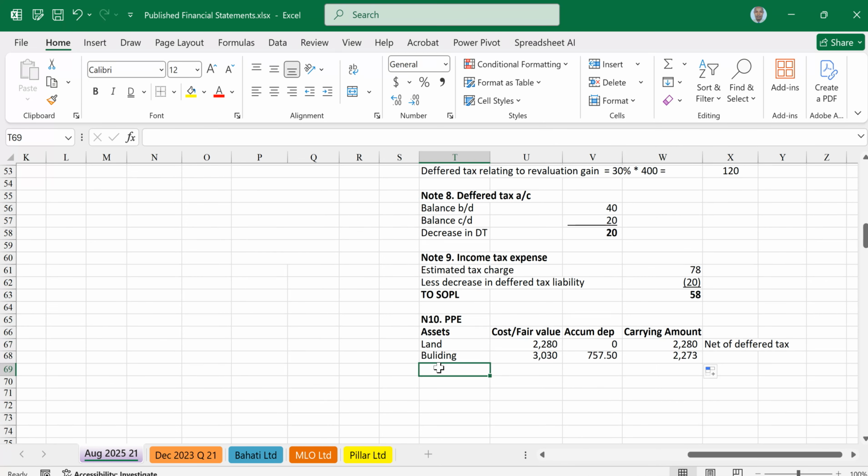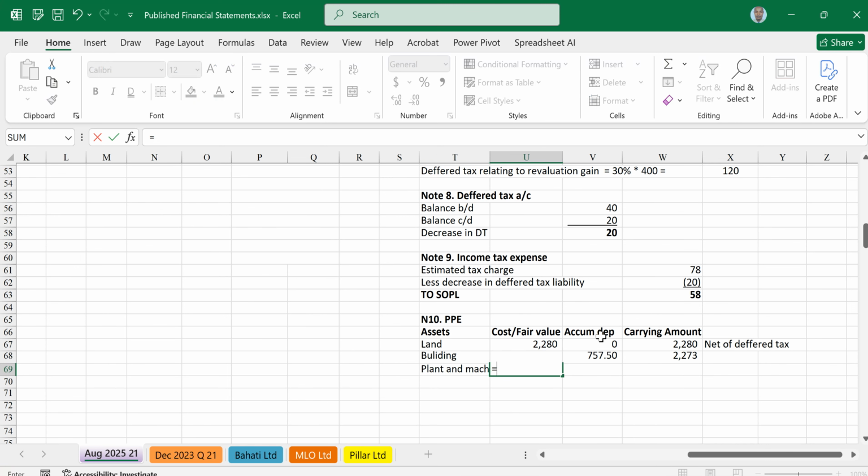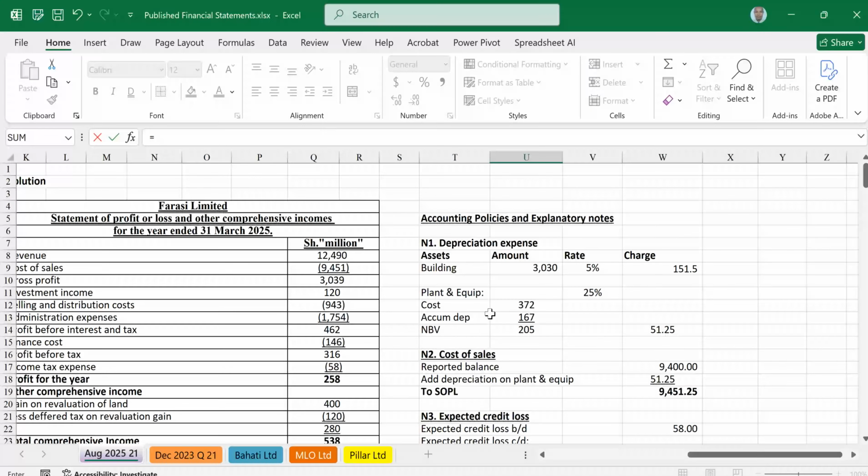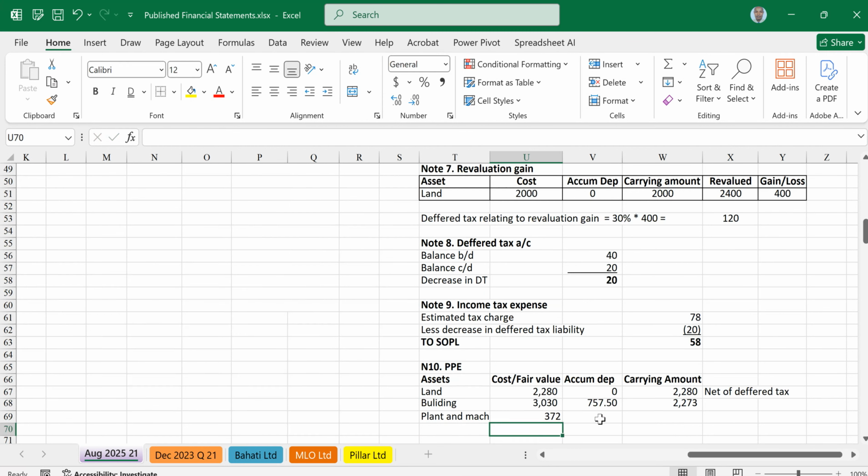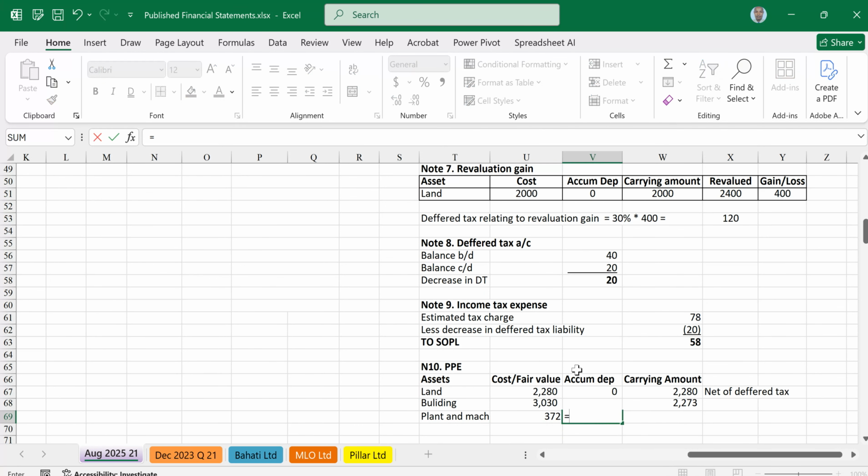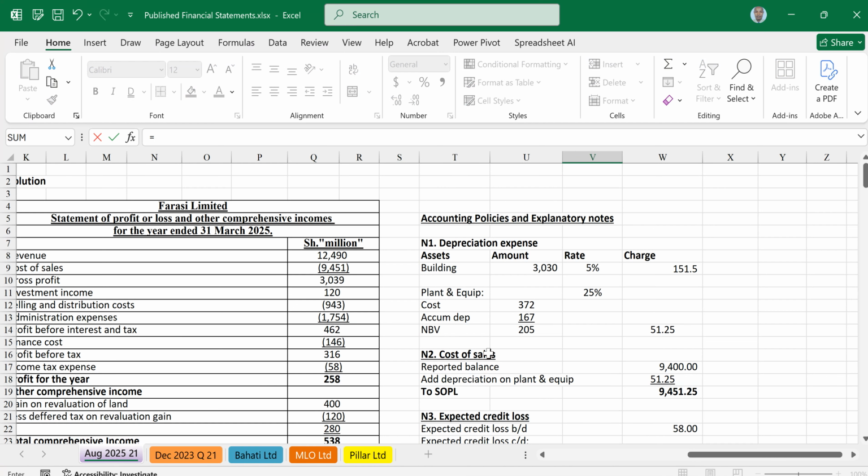Plant. What was the plant and machinery at cost? Again, it's up there. Plant is 372. The accumulated depreciation is what is here, 167 plus 51.25 charge for the year.